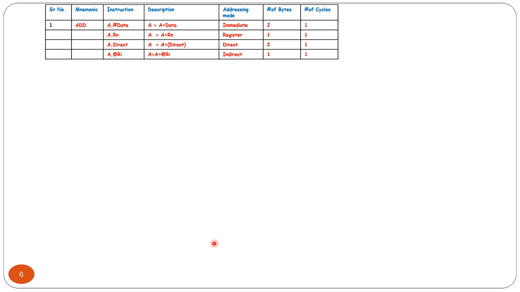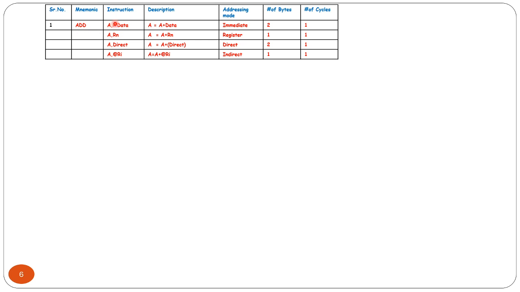The slide indicates the serial number, mnemonics, instruction, description, the addressing mode, the number of bytes required to store this instruction, and the number of machine cycles required to execute it. The first instruction is ADD, add the source and a destination.